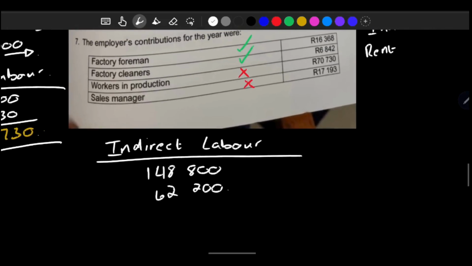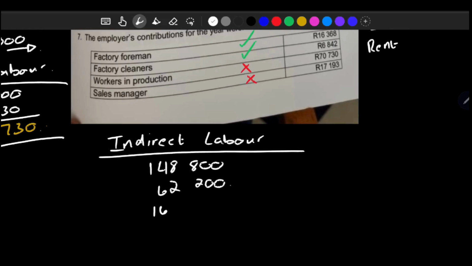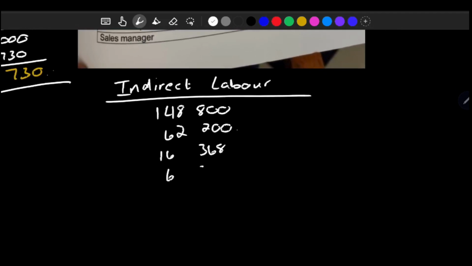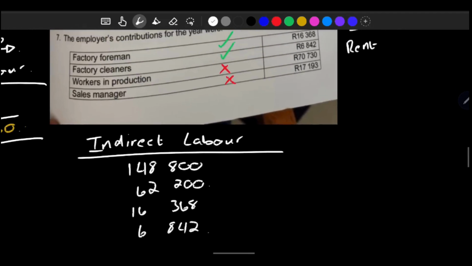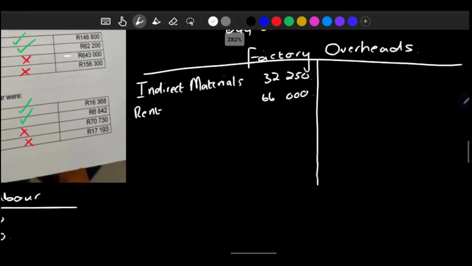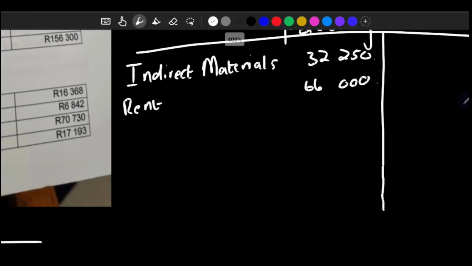As for the contributions, we have 16,368 for the factory foreman, and 6,842 for the cleaners, right? Perfect. And that gives us a total of 234,210, right? And this is carried over to factory overheads.